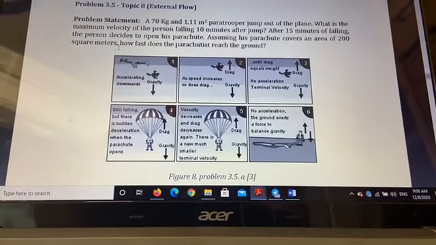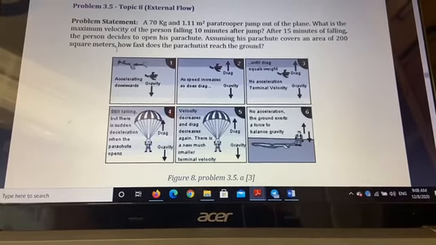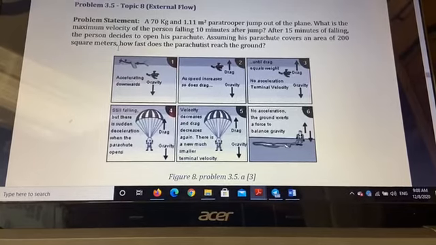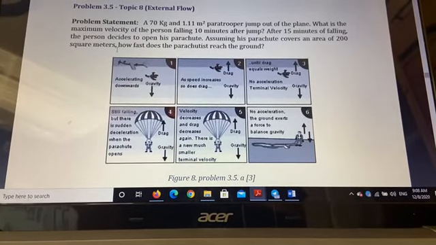Next topic is topic 8, external flow, and I'm examining the drag force when someone is parachuting.